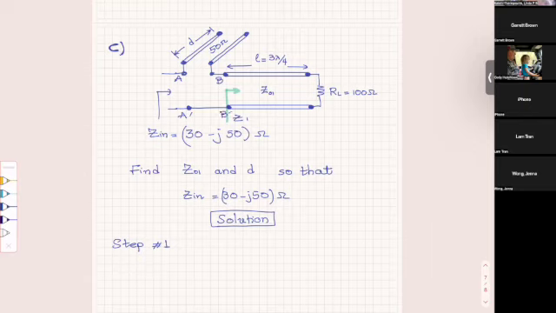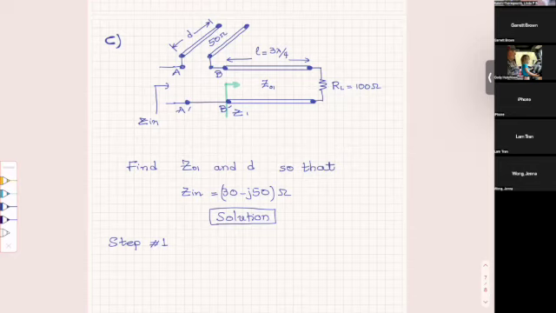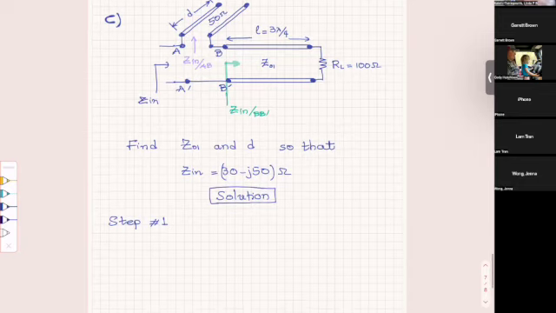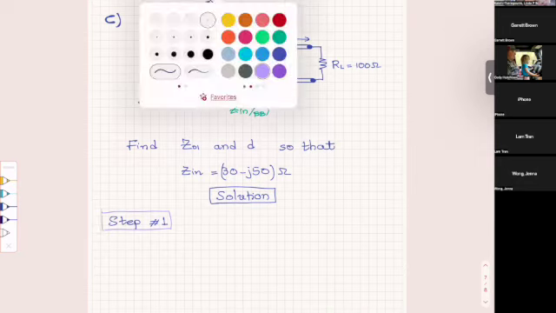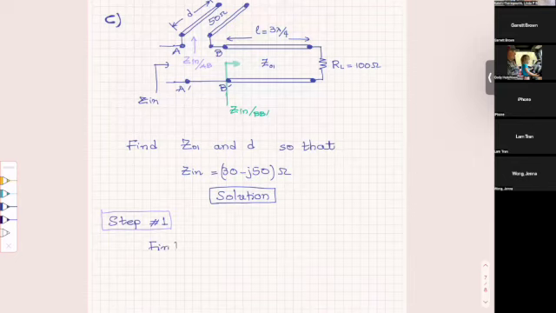So step one, find Z input at BB prime. Then let's try to find the input impedance at AB. So step one, find Z input at BB prime.